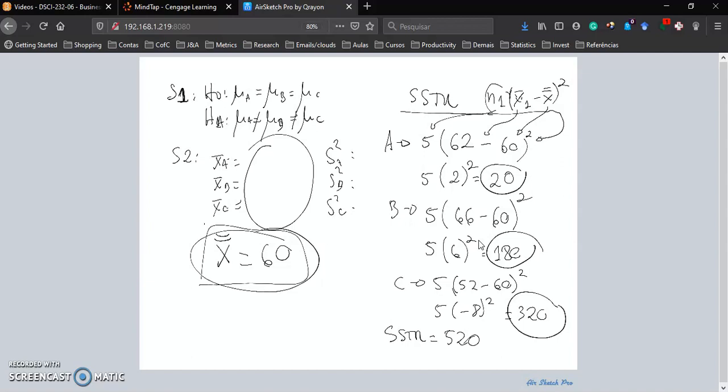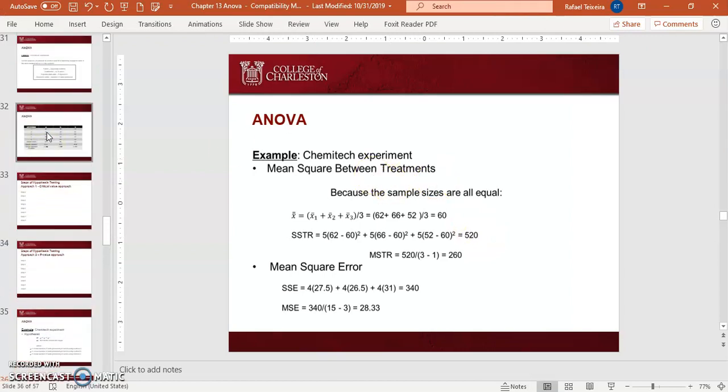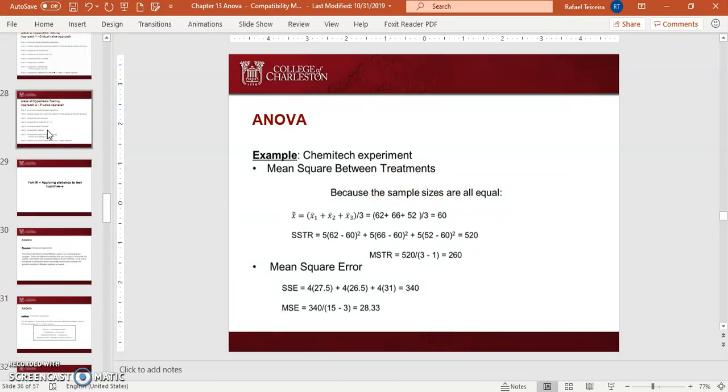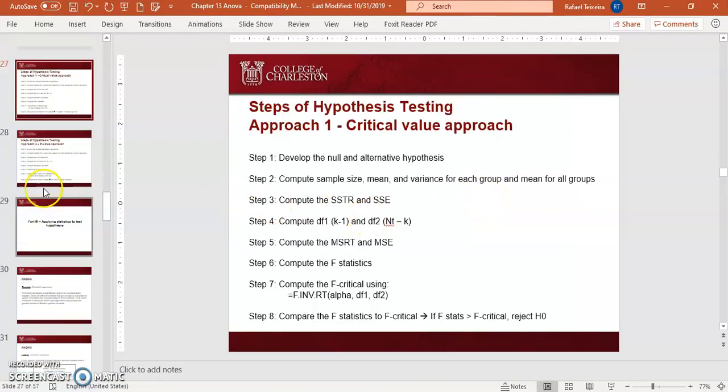Okay, so let's take a look at the next one. Compute the sum of square error. Let's look at the formula.